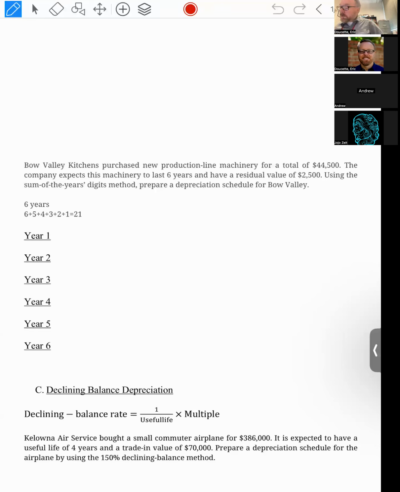All right. So again, we said, up here, 44,500 minus salvage value comes out to 42,000. So that's my depreciation every year. And then the sum of the years is 21.